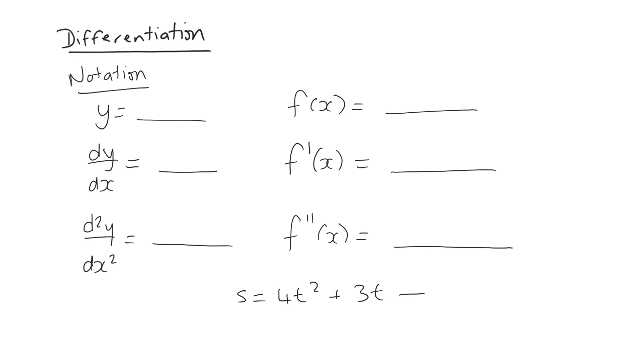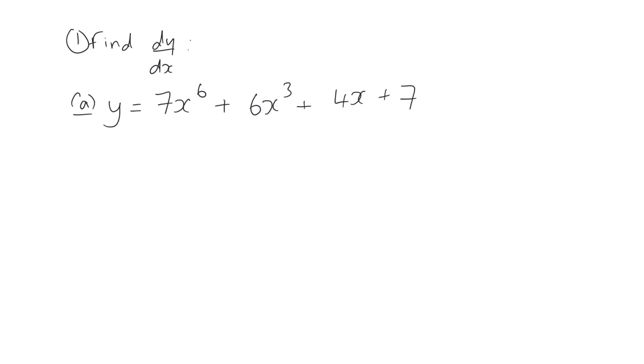And when we differentiate that, we would have ds by dt. Okay, we differentiate the s with respect to t. And what we're actually doing then when we're differentiating is we're finding the gradient of a tangent.